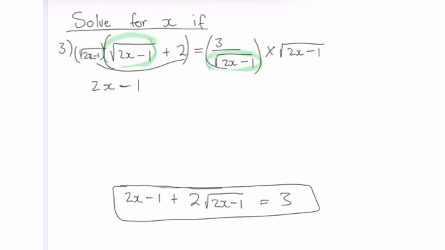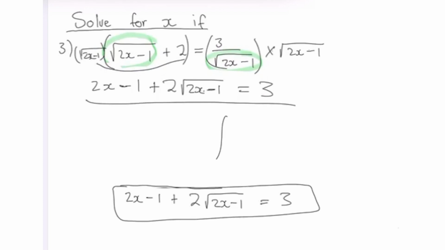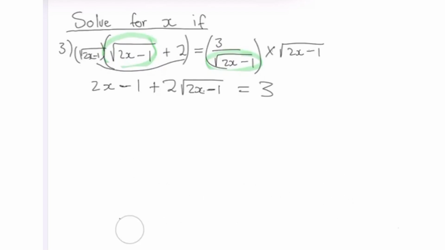Now this multiplied by that 2, we get plus 2 times the square root of 2x minus 1. That will be equal to 3, since this one cancelled. And if you read this, it reads the same as what we had there. Now those are two ways to get to the same point, but now we have to solve from there.